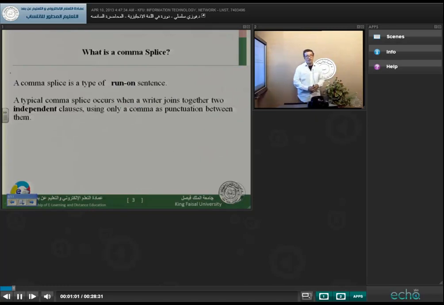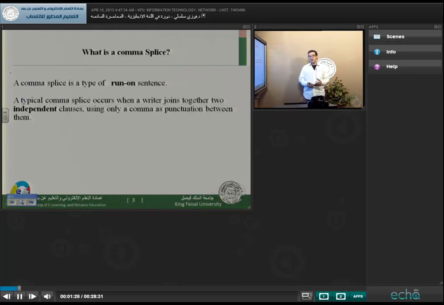First of all, let us define a comma splice. What is a comma splice? A comma splice is basically a type of run-on sentence. A typical comma splice occurs when a writer joins together two independent clauses using only a comma as punctuation between them.